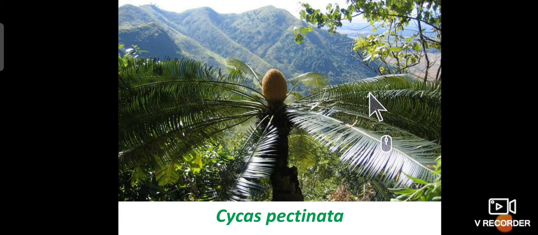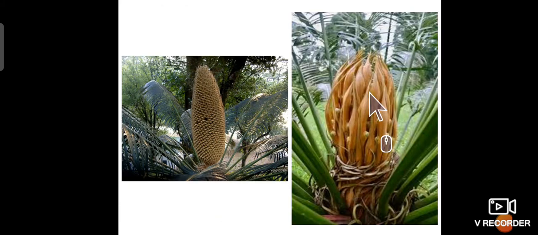The leaflets are linear, and the male cone here in this picture on the left is usually about 40 centimeter long, and like Cycas circinalis, it is either ovoid or cylindrical in shape. The megasporophylls are deeply pectinate.